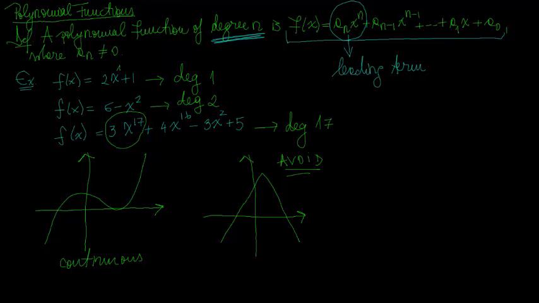So polynomials are nice and smooth, and therefore they are also going to be differentiable because they have smooth graphs. These two properties make them very, very useful in calculus, and you're going to see that we're going to be able to approximate functions under certain conditions by polynomials, which are very easy to deal with.